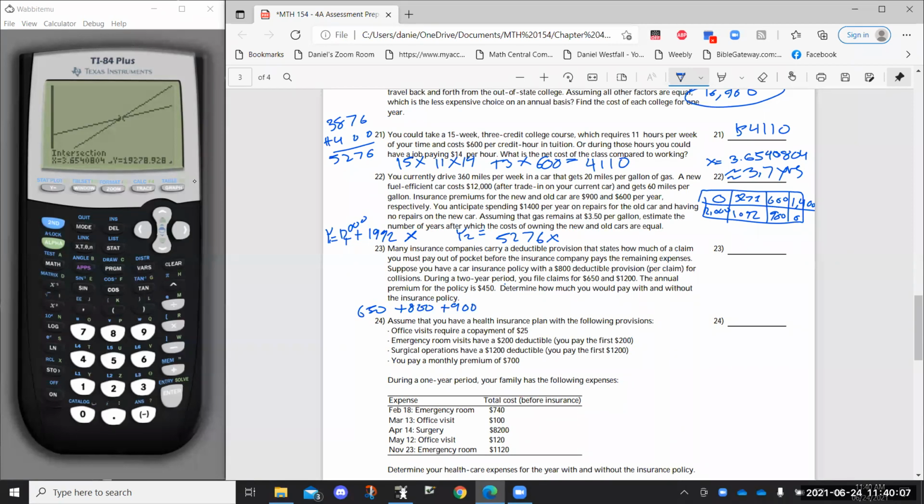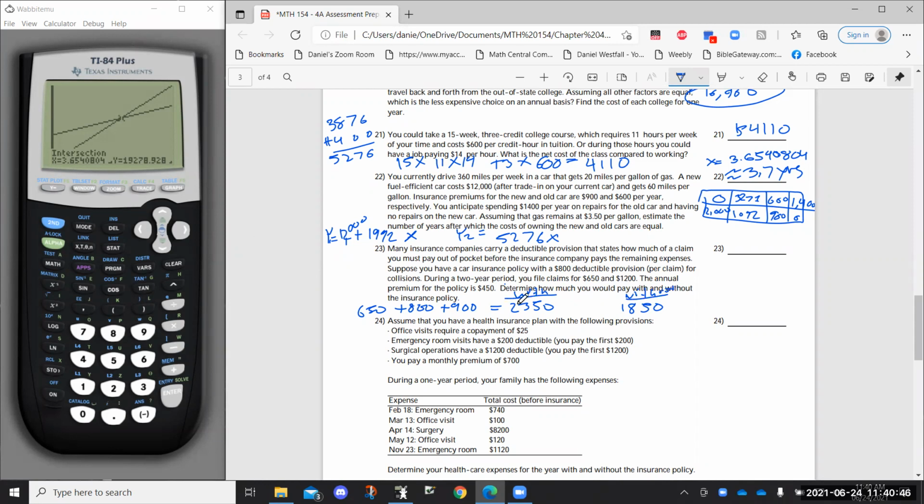These are for the various things that they mentioned in the problem, for a total of 2350. Without insurance, if you add everything up, is 1850. So in this particular case, this person would save $500 a year by not having insurance, right? So this is with, and this is without.